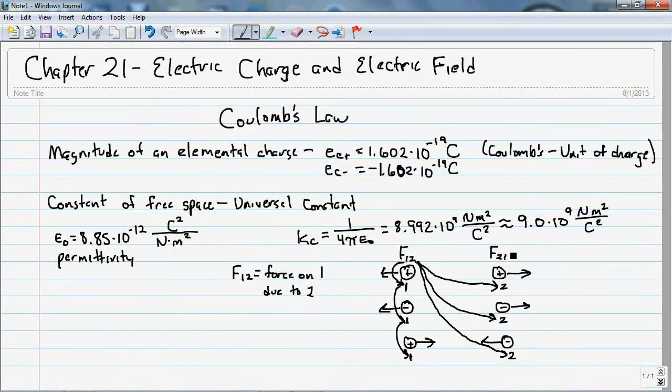And its opposite, force sub 2, 1, is going to be the force on 2 due to 1. So subscripts become very important when we're doing these problems. We cannot get these subscripts messed up. Once you mess up the subscripts, the problem is wrong at that point. So we've got to be very careful what we do.